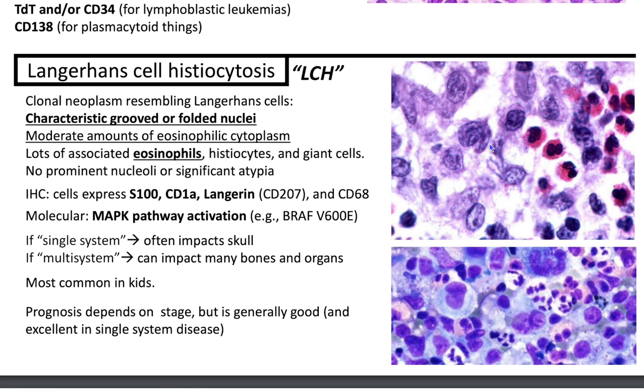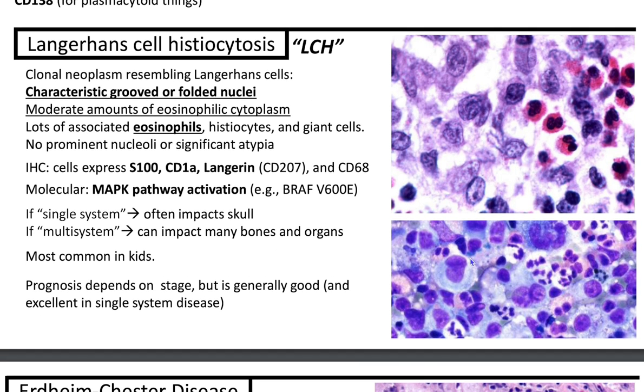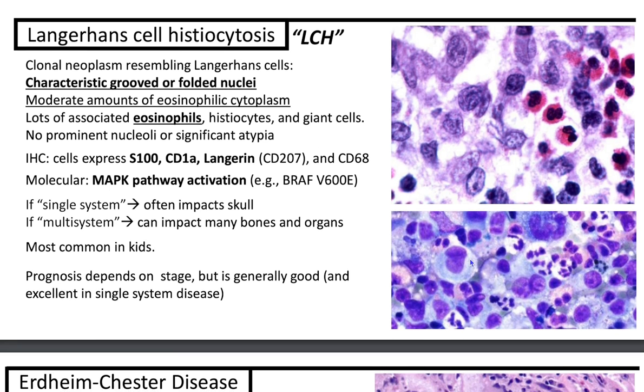You'll see S100, but more specifically CD1A and Langerin. Molecularly, you can have a BRAF V600E, part of the MAPK pathway. If single, it often impacts the skull, and if multi, it can impact many bones and organs.